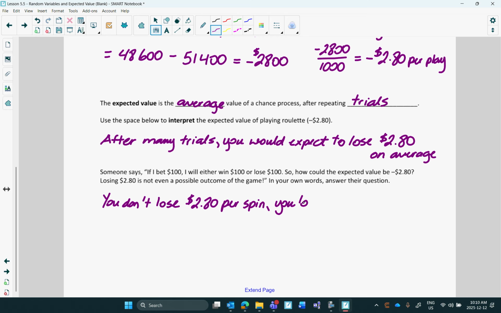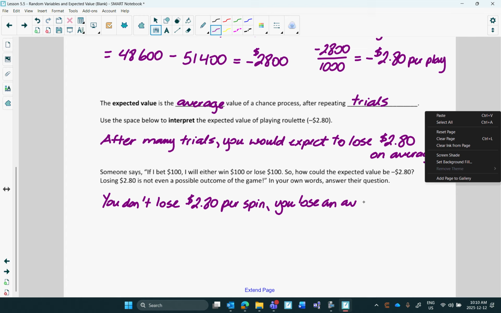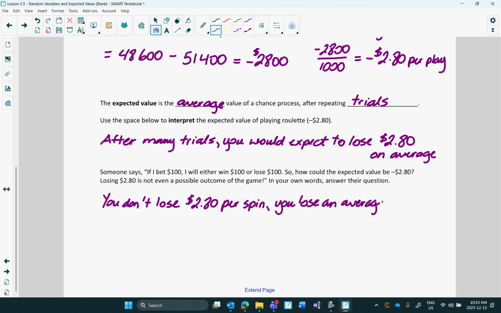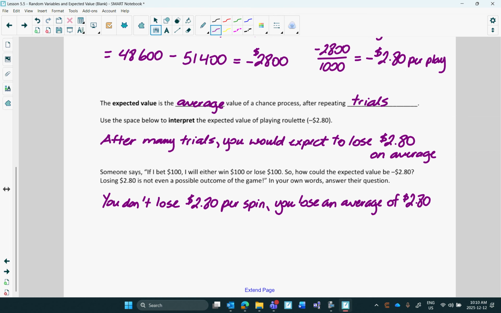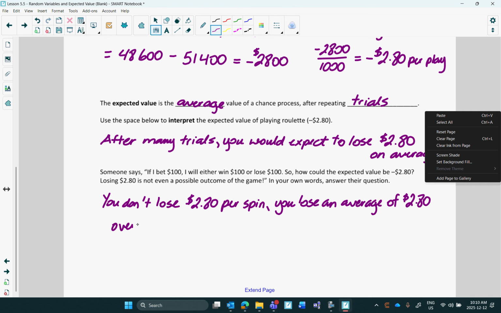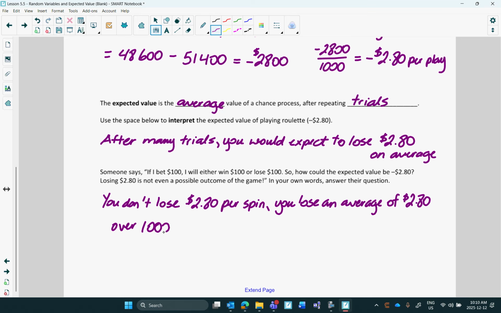You lose an average of $2.80 over many spins, in this case, 1,000. So it's talking about the average loss or gain, depending on the game.